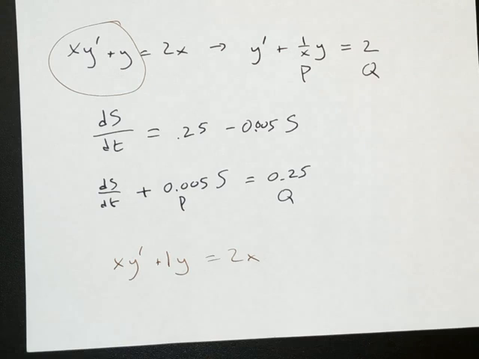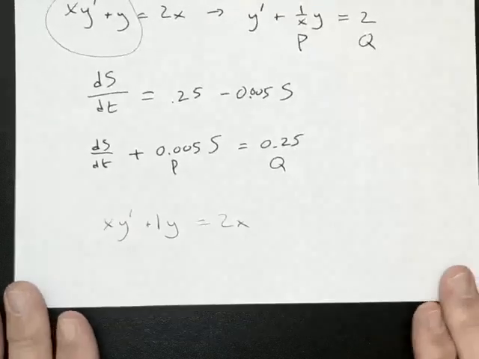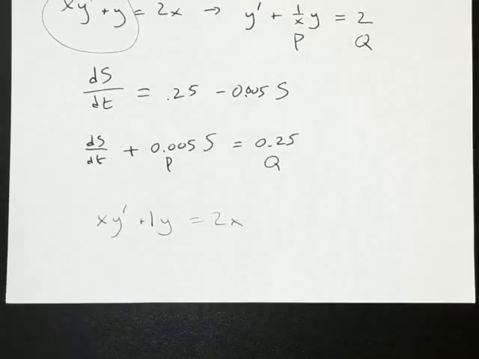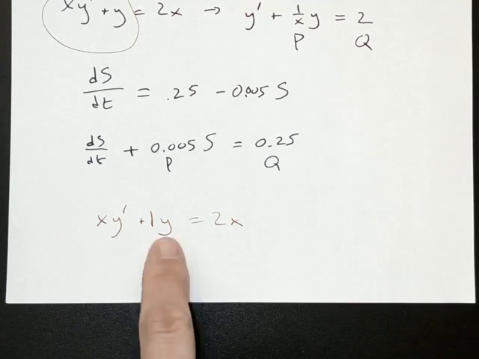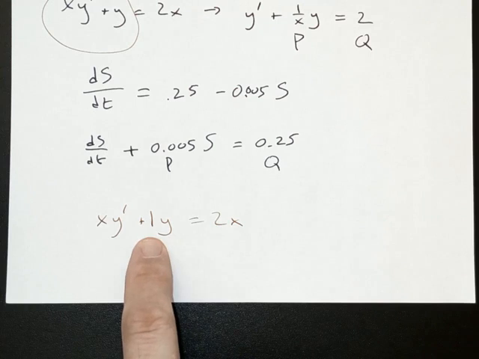And now I have a great flash of insight because I read the book ahead and cheated. Somebody pointed out to me, hey, look at that left-hand side. You've got an x times the derivative of y. And then you've got y times the derivative of x.